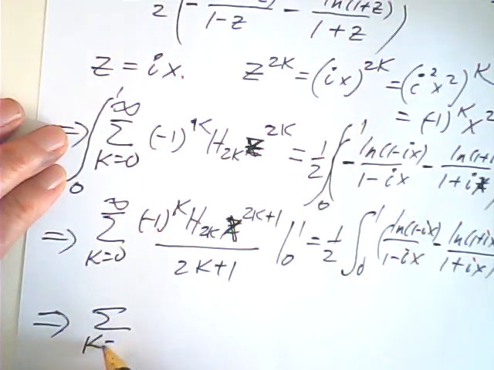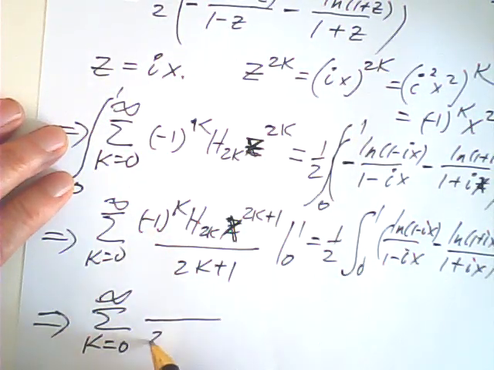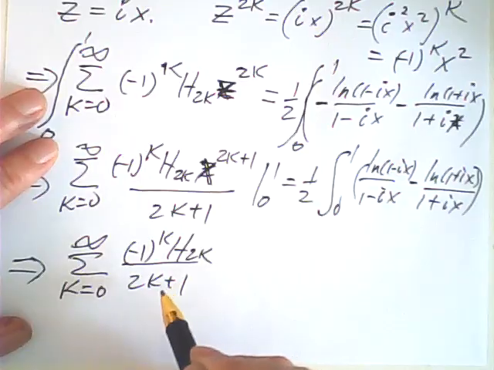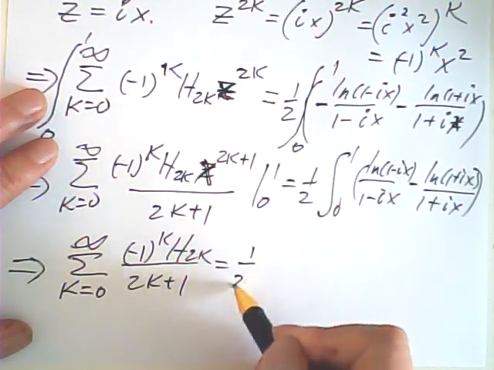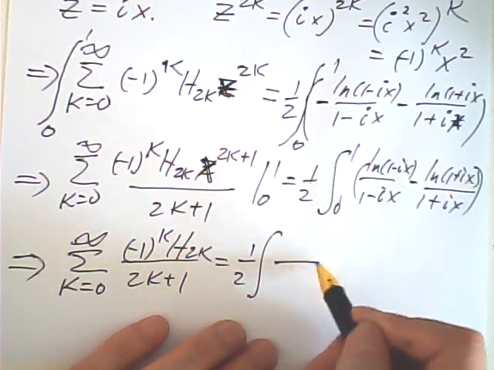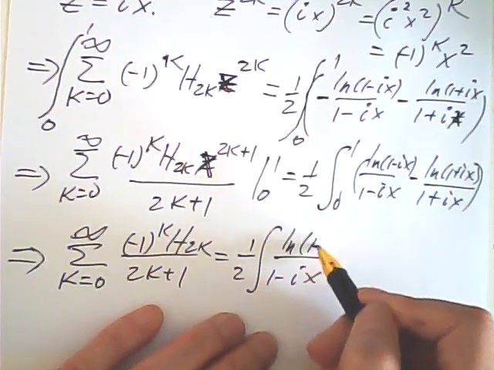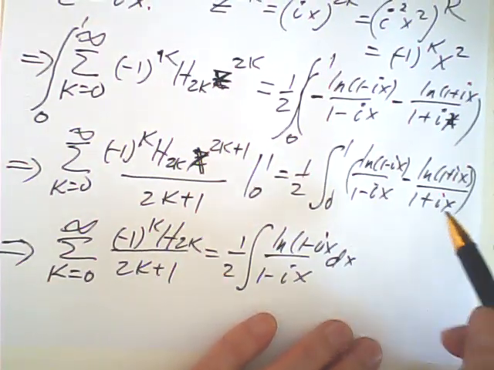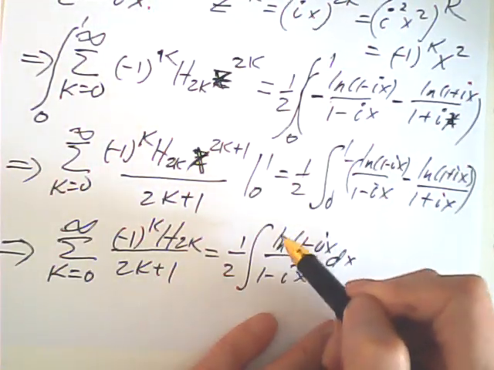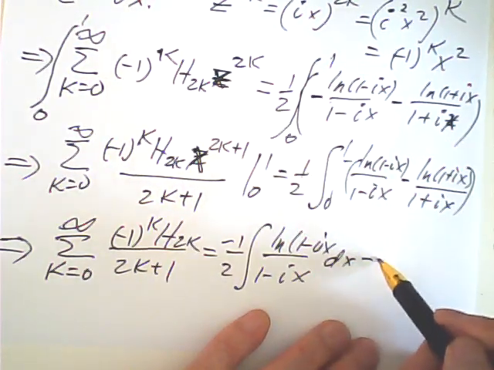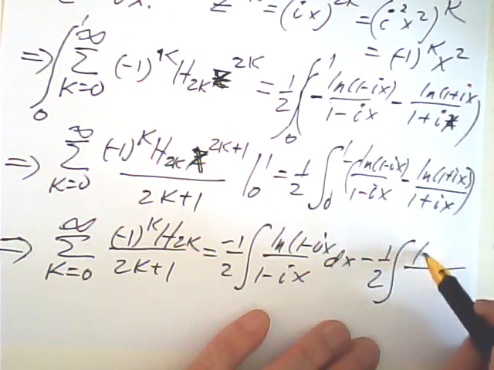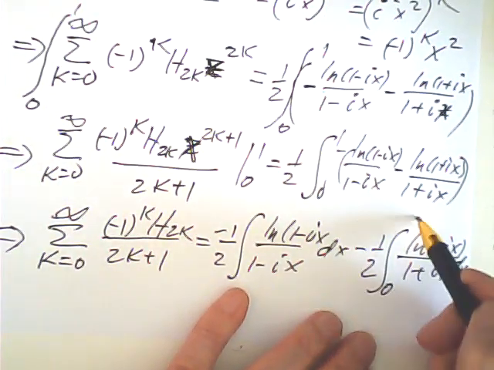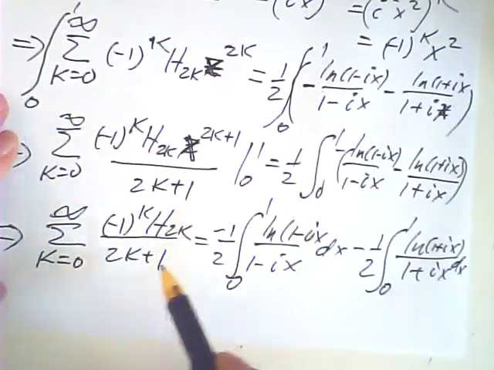So this sum of (negative 1)^k H_2k over 2k plus 1 is equal to negative the integral of log(1 minus ix) dx, and negative half the integral of log(1 plus ix) dx, from 0 to 1. So we get what we want.